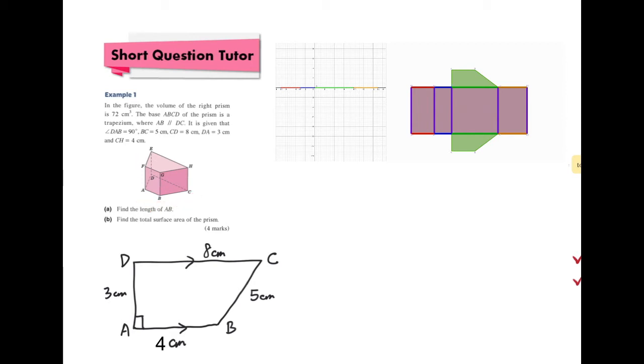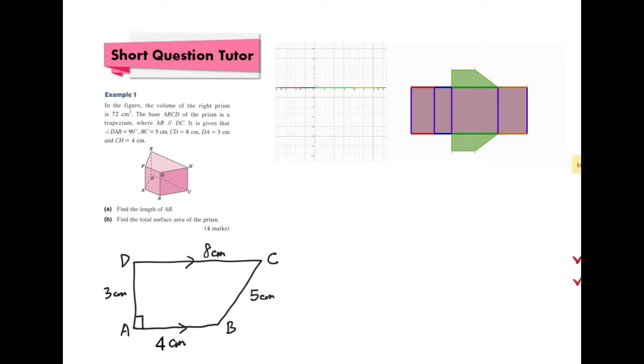For the areas of the upper and lower trapeziums, we can get this from the result in part A. The 4 red rectangles are the lateral faces. Actually, we can regard this as a big rectangle.